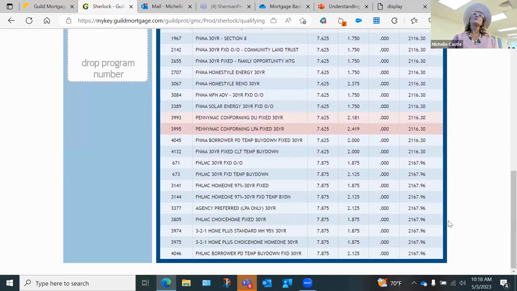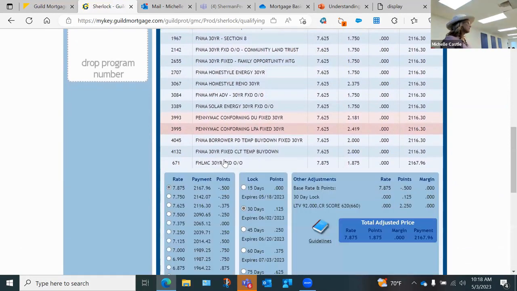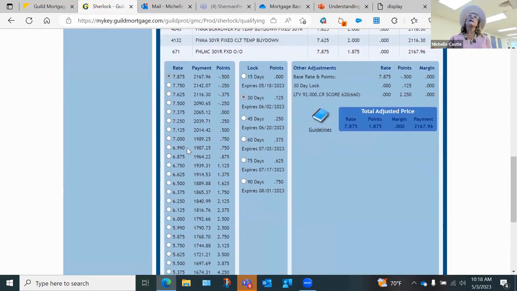This is a Freddie Mac 30-year loan, same loan program. And now let's go down to the 6.99% interest rate. That same scenario, but because we had to add the wife so they could get the house they really wanted, the discount points are now 3.125 because of the risk associated with that credit score.